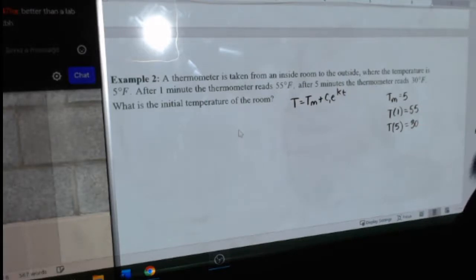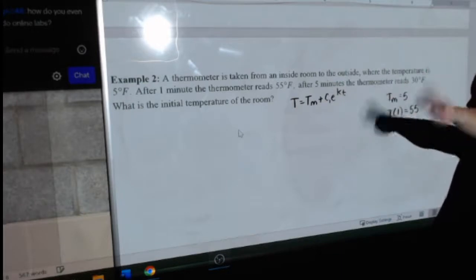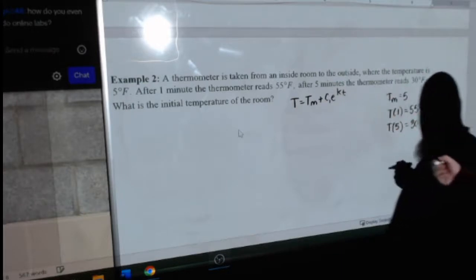So I have one equation, two unknowns, and no way to eliminate one of the unknowns. So I'm going to plug in both of these separately and see what it looks like.